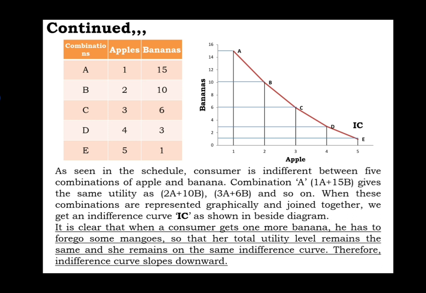See, in that B combination, to have one more apple, how much banana have we forgone? 5 units of banana we have forgone to have one more apple. Like at C combination, to have one more apple, how many bananas did we leave? We sacrificed 4 bananas. Like at D combination, to have the 4th apple we have sacrificed 3 units of banana.